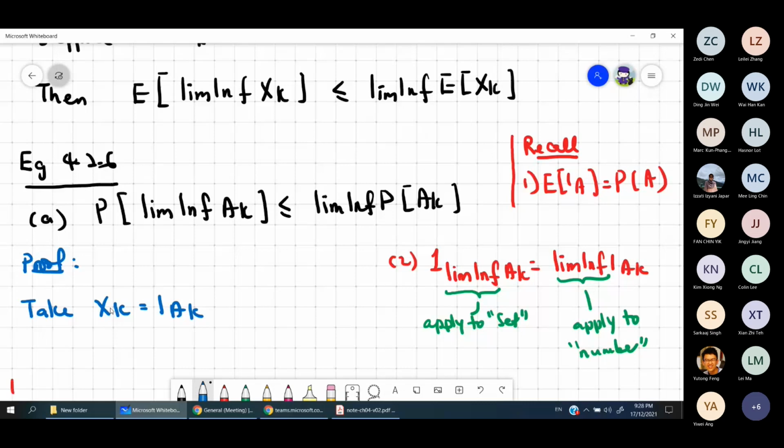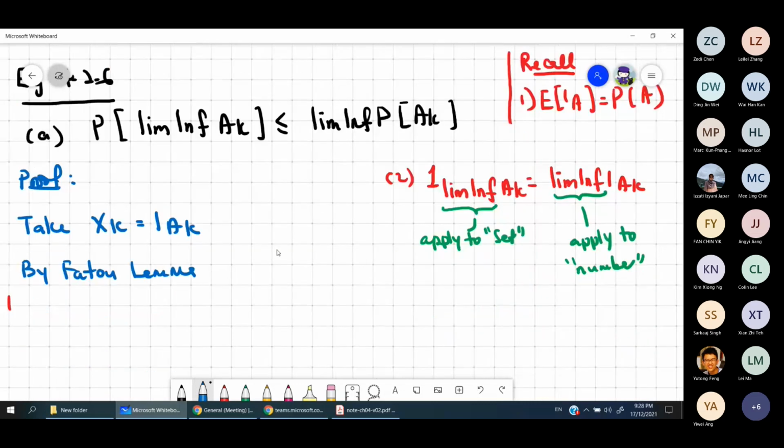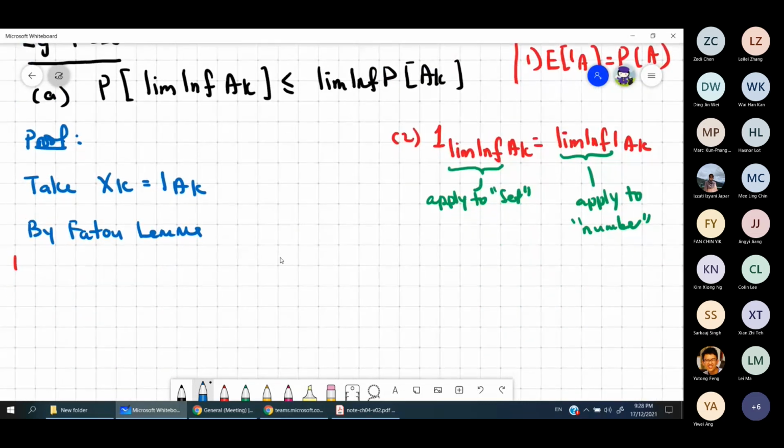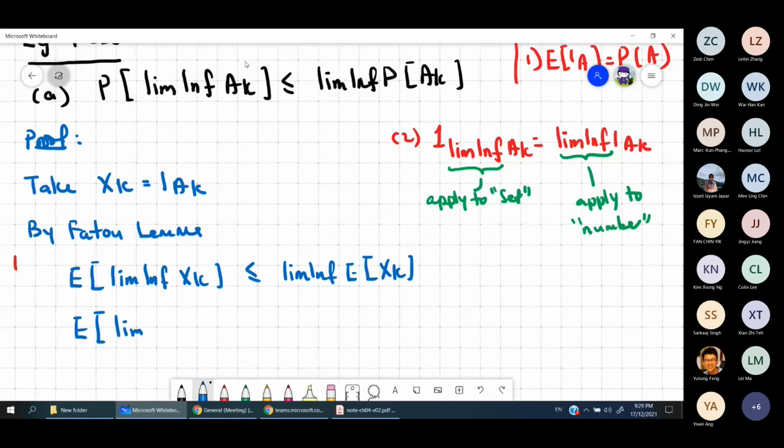Then by Fatou Lemma we're going to have this. Remember this formula: E of the limit inferior of Xk is less than or equal to the limit inferior of E of Xk. Now we put this inside, so E of the limit inferior of 1_Ak.